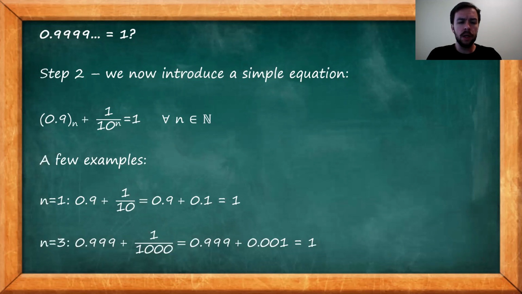For n equals 1, the equation simplifies to 0.9 plus 1 divided by 10, which is simply 0.9 plus 0.1, which is equal to 1. For n equals 3, the equation simplifies to 0.999 plus 1 divided by 1000, which is equal to 0.999 plus 0.001, which is also equal to 1.